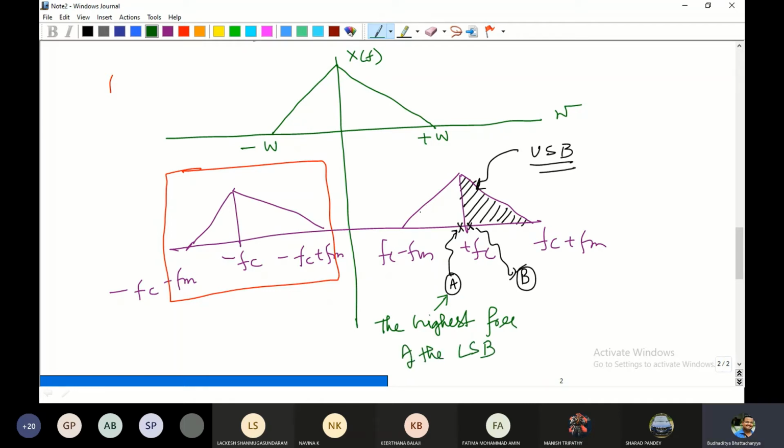Got it? Because this part is nothing but the LSB. A lies right at the corner; for illustration, I have given it a little gap over here. So this is the highest frequency of the LSB, whereas this B is the lowest frequency of the USB.